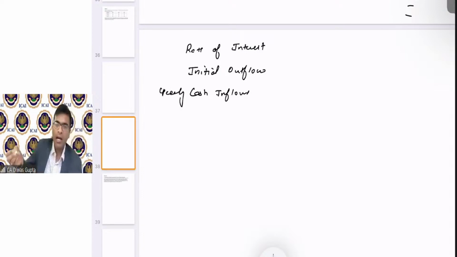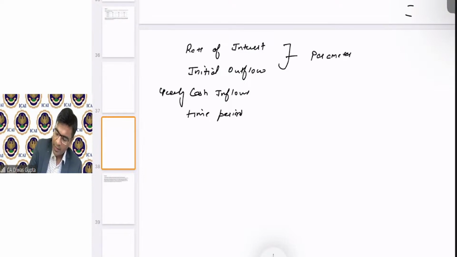Okay. What will happen in the yearly cash inflows? And lastly, I will also say the time period. For calculating any NPV, these are the four bare minimum variables that are needed. Correct? Is there anything else also needed apart from this? I think no.